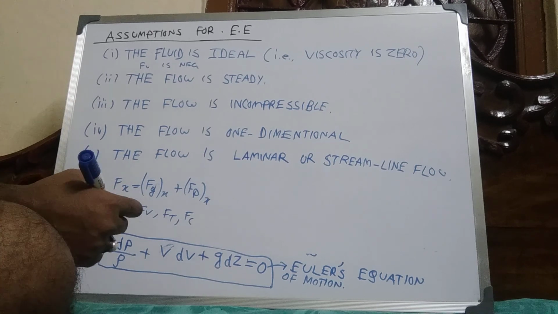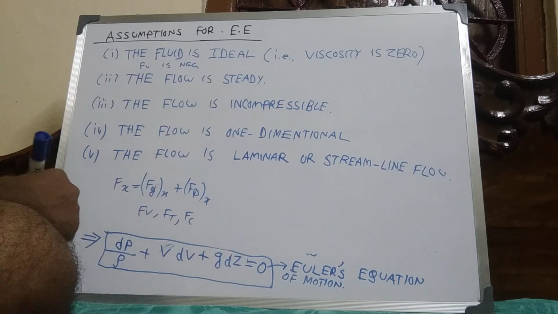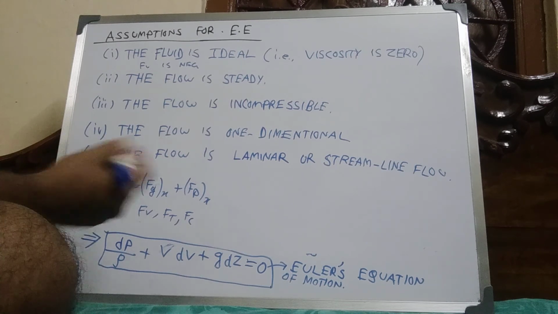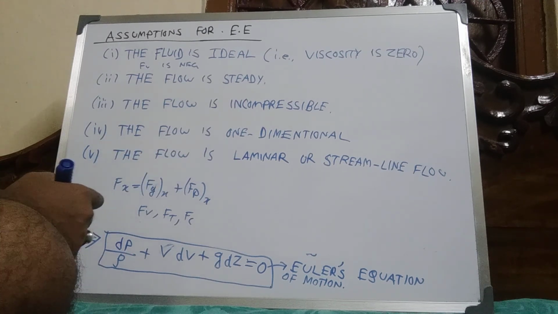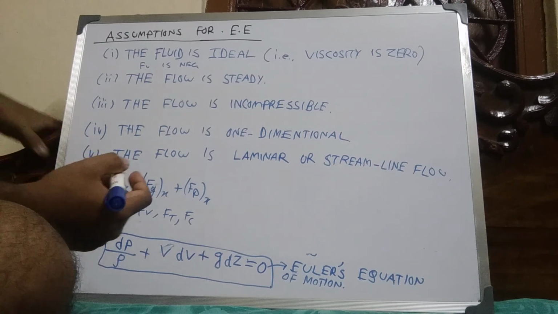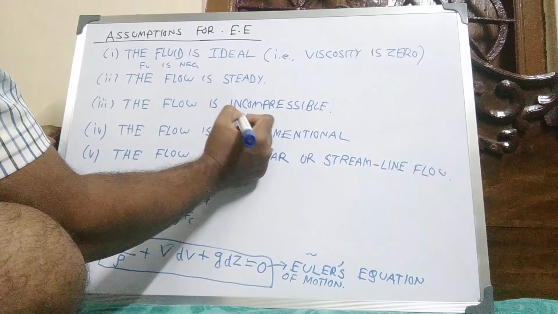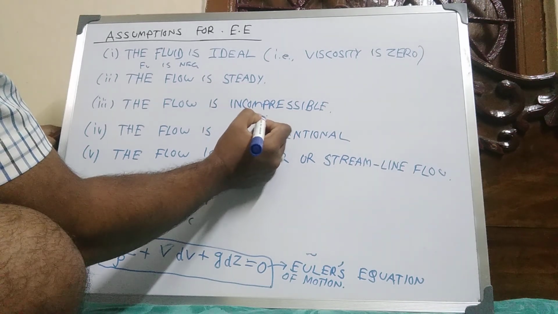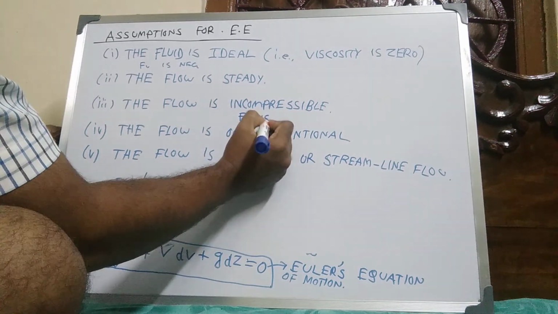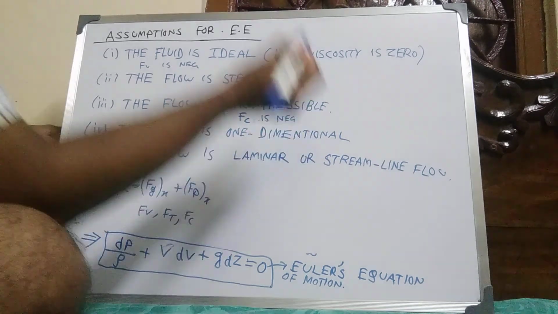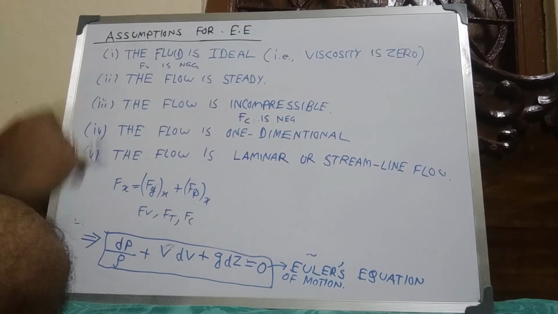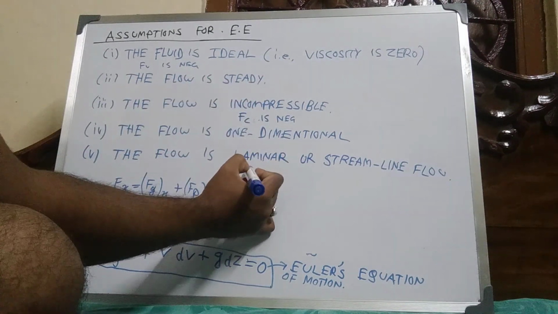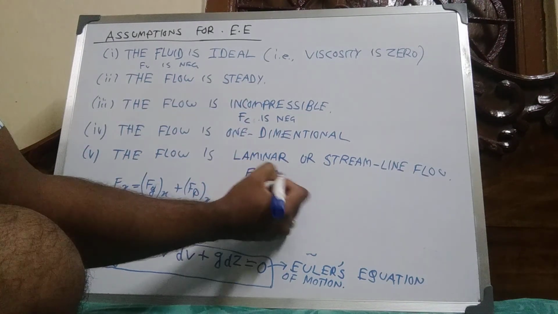Flow is incompressible, rho is constant. Flow is one-dimensional and streamline flow. Incompressible means force due to compressibility is negligible. And Fv and turbulence: laminar means Ft is negligible.